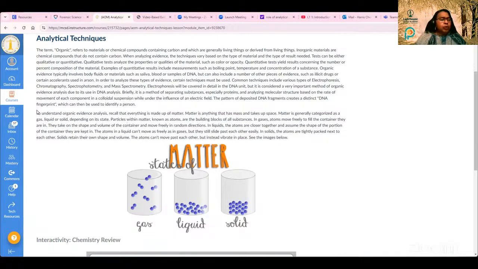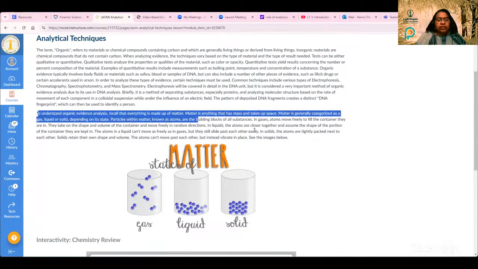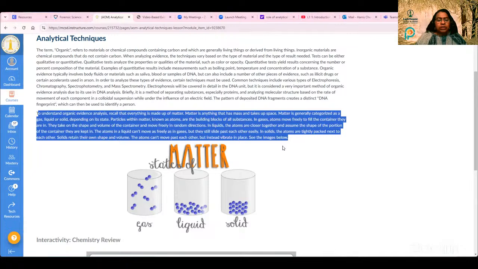In this paragraph right here, if we are analyzing evidence, it's important to know what state of matter the remains are showing. We need to understand the behavior of materials, what they will do and what they won't do. Knowing what temperature is involved will also dictate whether you're seeing a solid, a liquid, or a gas. Okay?